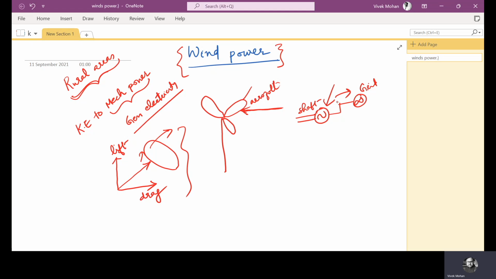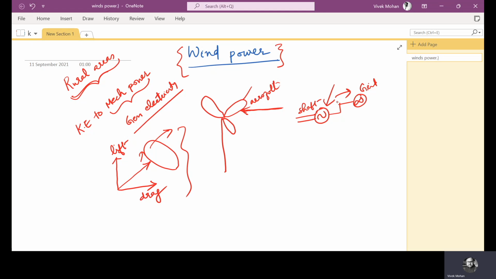That means when the wind speed is very high and the load demand is low, that energy could be stored in a battery. But if the wind turbine capacity is large, then the battery size should be large, so it may not be economic. So for small wind turbines the storage works; for big wind turbines it may not work.